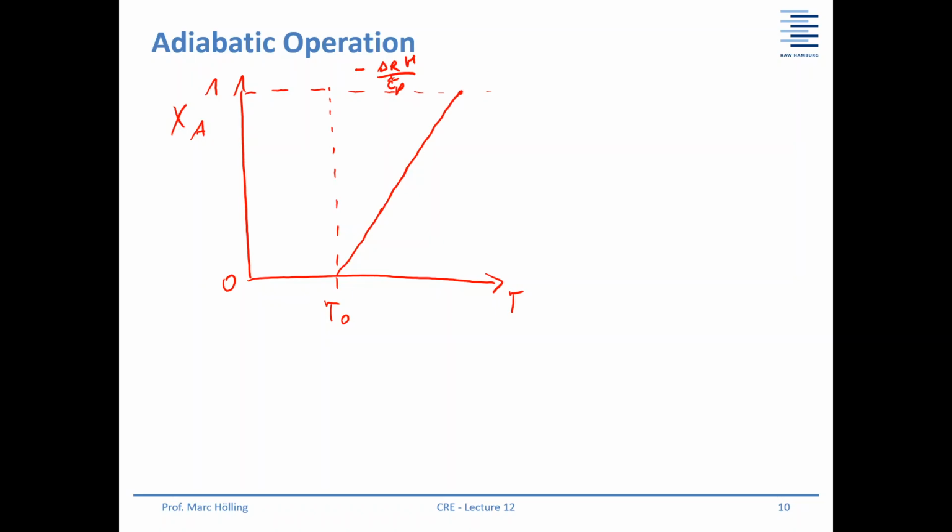Okay, and here again you can see, if you have a rather low value of your Cp tilde, or the reaction enthalpy is high, then your curve would look like this. If you have a lot of inert material, let me use a different color.